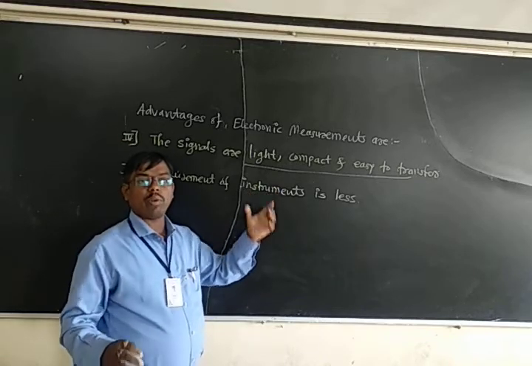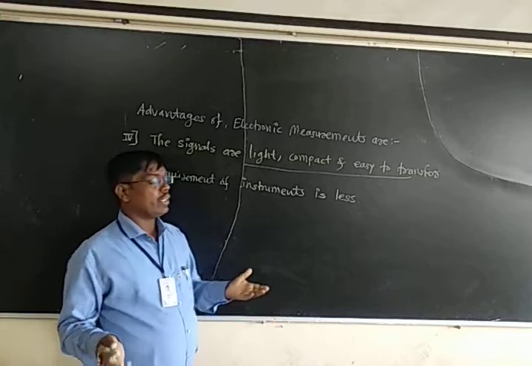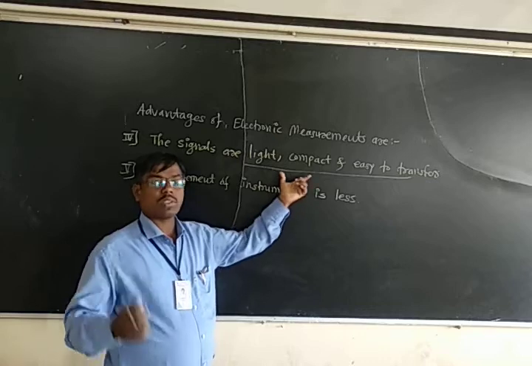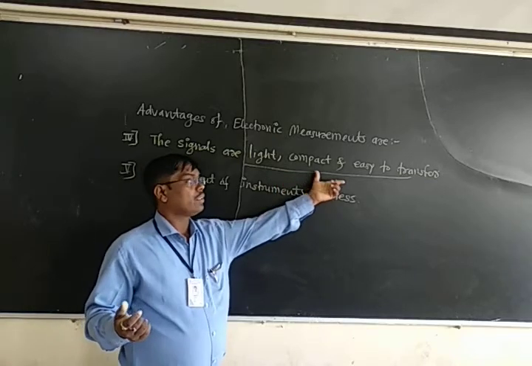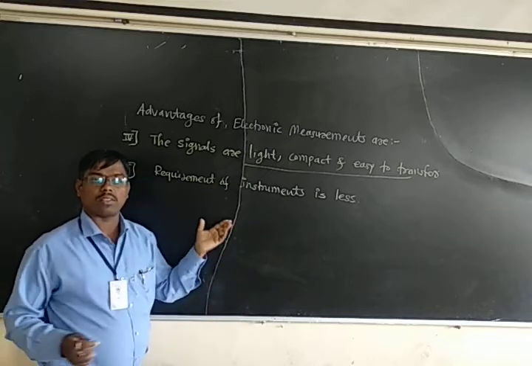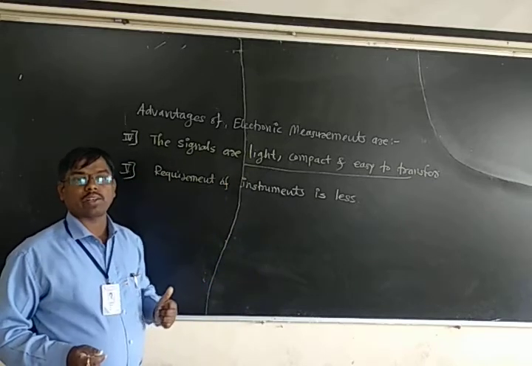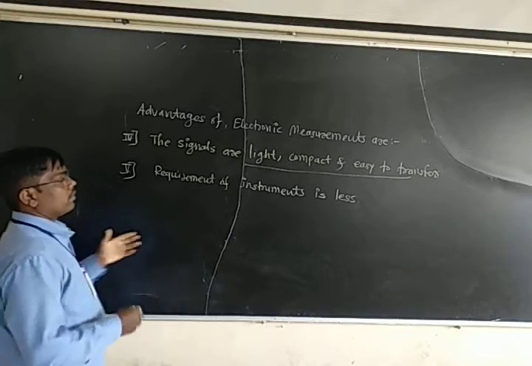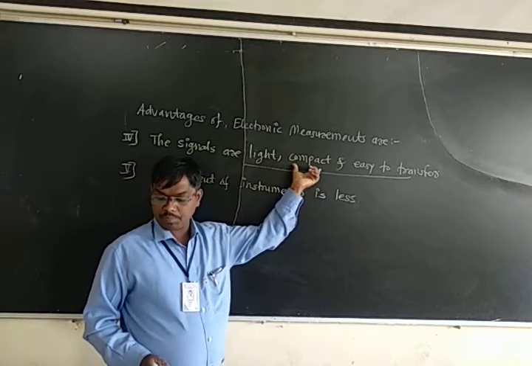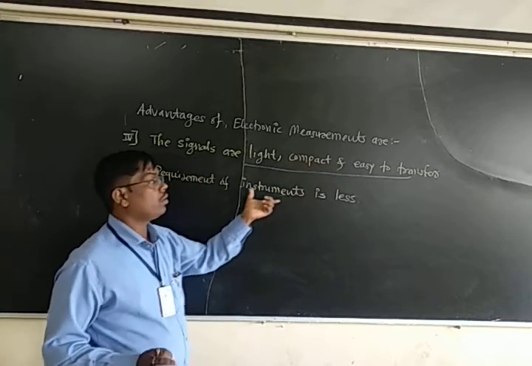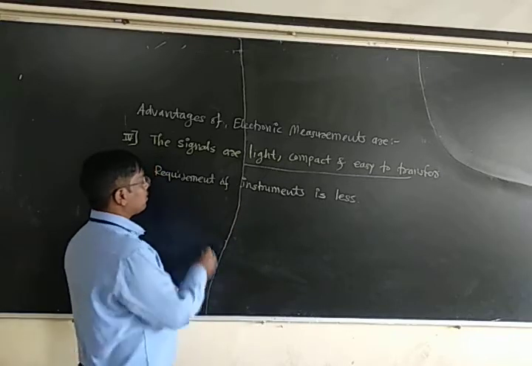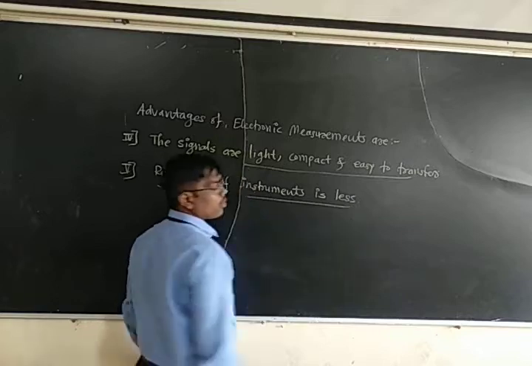So the instrument requirement for a particular type of measurement depends upon the compactness or size of the signal, or its transferability during electronic measurement. If a light, compact signal is generated by the measurement system, then it is easy to transfer from one location to another, and hence the system requires a smaller number of instruments.